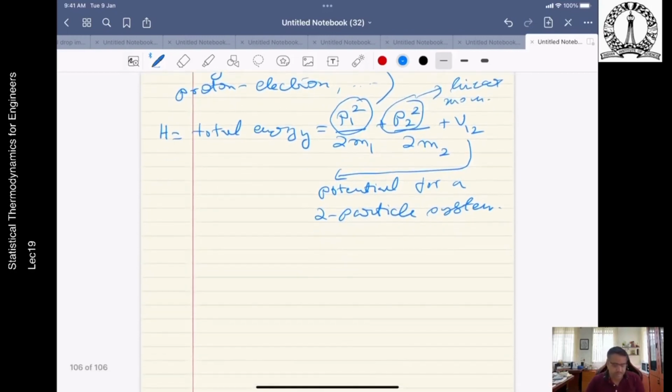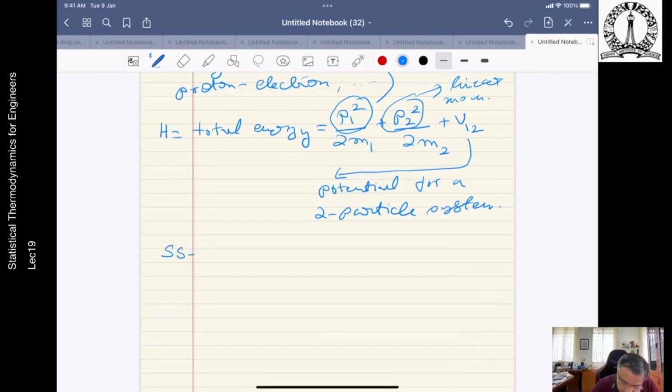So what do we do next? We know the total energy. Now we write down the steady state version of the Schrödinger wave equation. Recall how we did the wave equation for a multi-particle system.